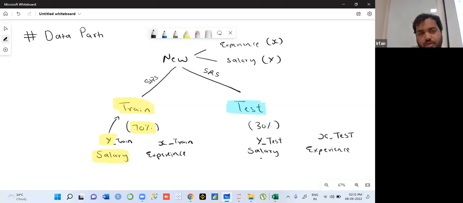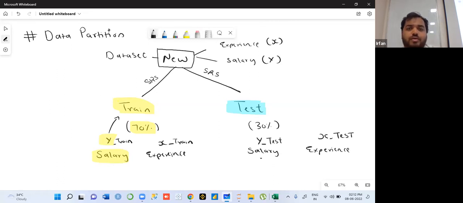This concept of splitting data into parts is called data partition. Write it in your book, everyone. Guys, no need to worry.